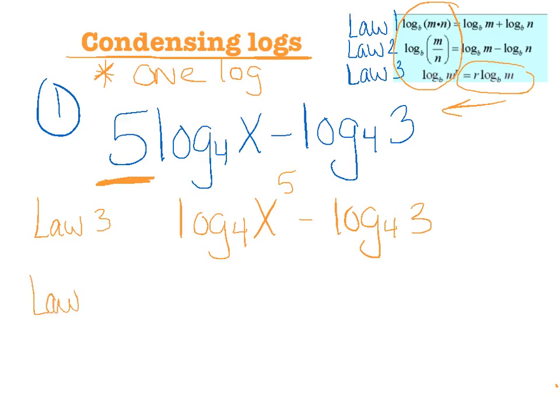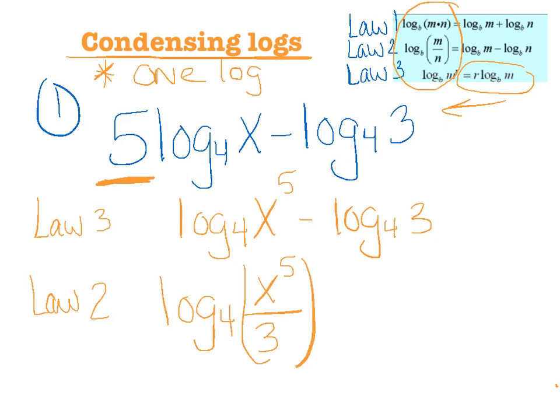So I'll make a note, law 2. And law 2 says, this minus sign, when I put it back into one log, I'm going to write the m over the n. So I'm going to say this is 1 log base 4, and that's x to the 5th divided by 3. And there you have it. We have condensed these two logs now into one log.